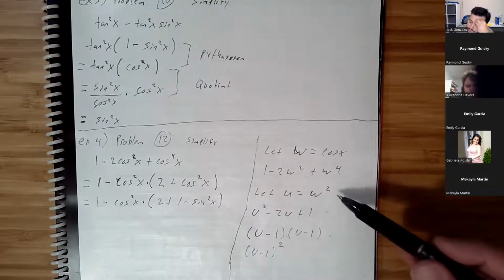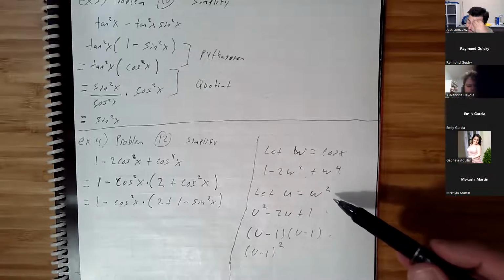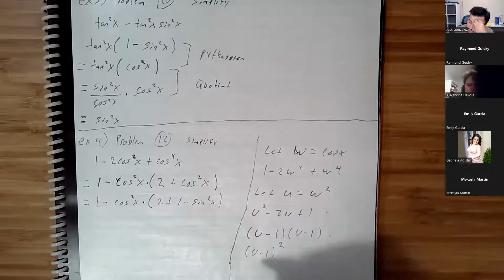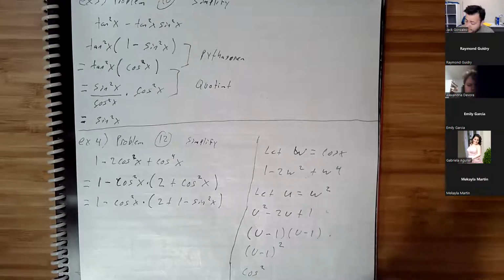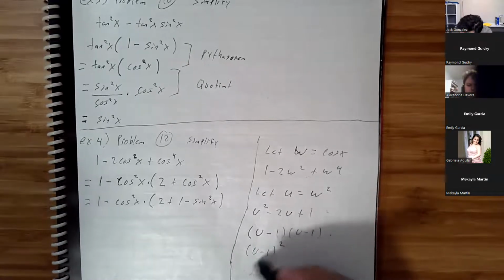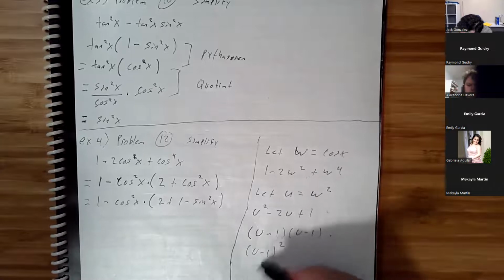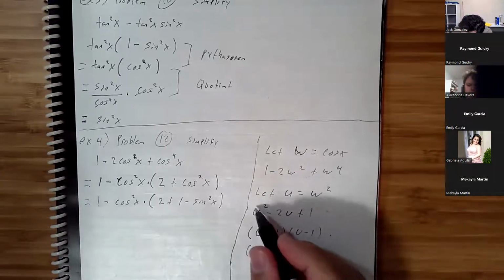So U is actually W squared, but W is actually cosine. So this is really cosine squared. Yeah, I think this path might be better. Let me show the steps though.